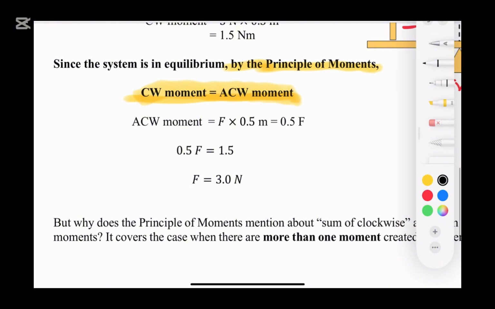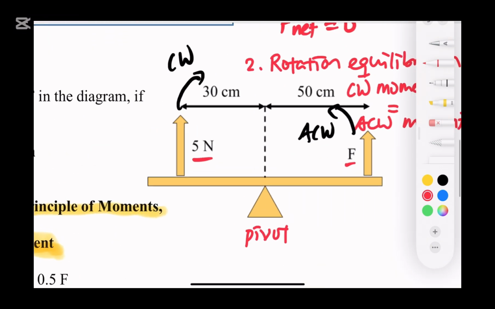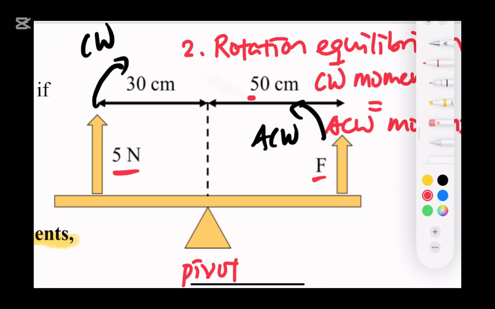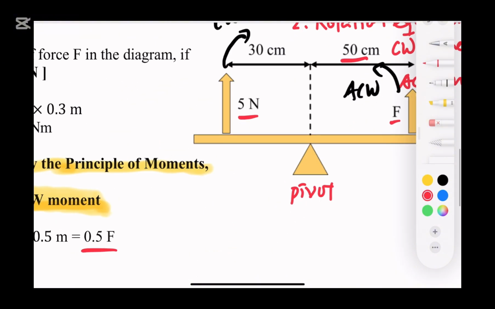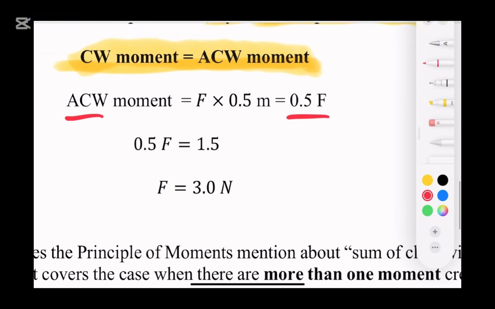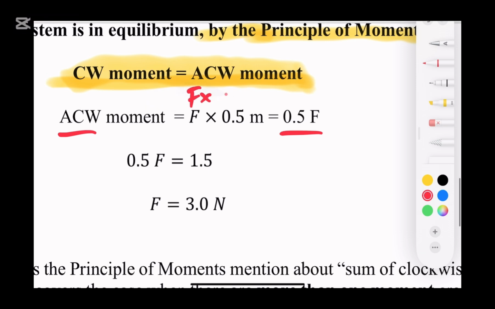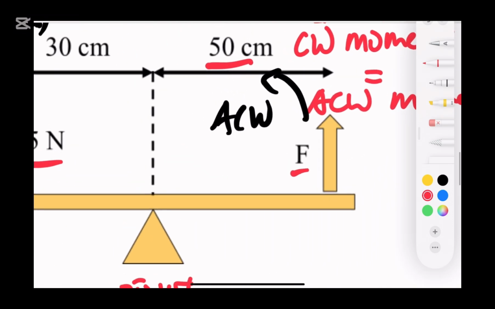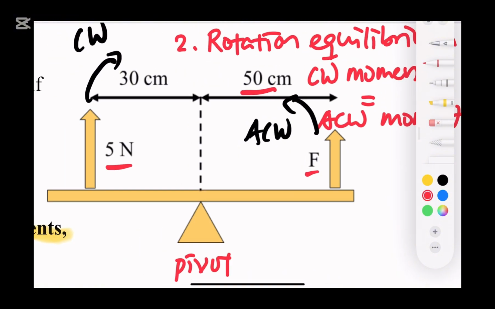So we can immediately write down the formula. ACW moment equals 0.5 F. In this case, the distance is given in cm, so we have to convert it to meters. Again, the moment is force times perpendicular distance, and for this simple case the perpendicular distance is 0.5 meters, 50 cm.